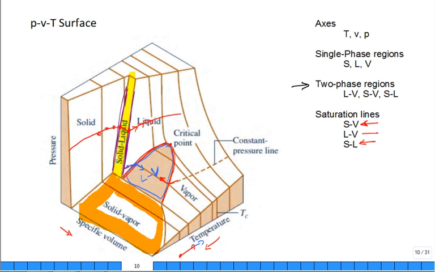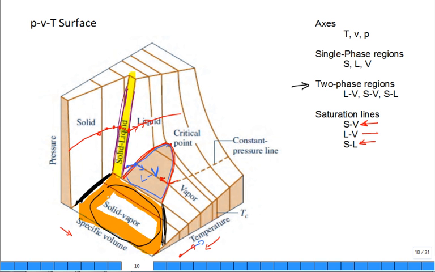So what is this zone right in here? It's saturated solid where it's going to become vapor. And this line right here, it's saturated vapor where if I try to cool it, it's going to become solid. And in here is a whole bunch of two-phase mixtures. All right, so those are lines where I have saturated solid, saturated liquid, saturated vapor states.